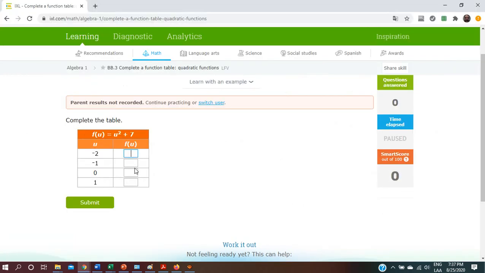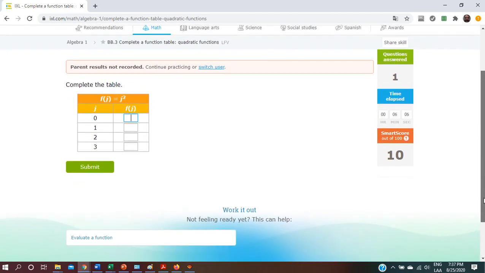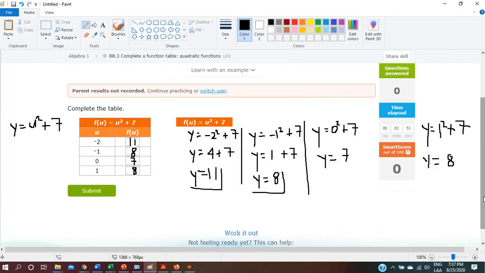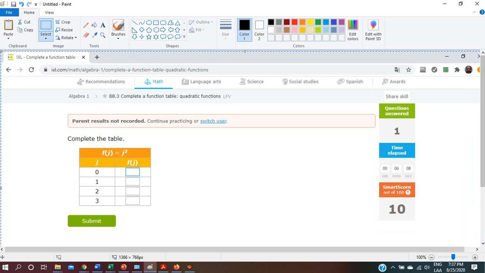Let's see if we are right. 11, 8, 7, 8. Let's check our answers, and that is great. So we're going to do this one now. Let me print the screen, and I am going to paste this one over here.